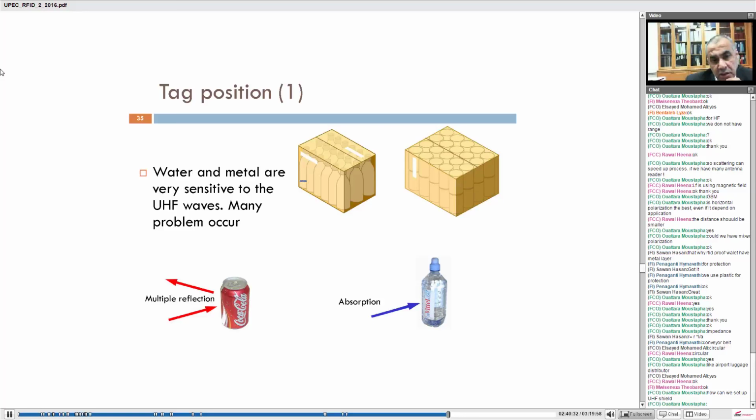Some little details are important. For example, if you have bottles with liquid, it's better to put the tags here, because here you have a void. You have no liquid. Maybe the bottle is filled until here. So if you put your tags here, it's okay, but here it's not good because you are close to the liquid.